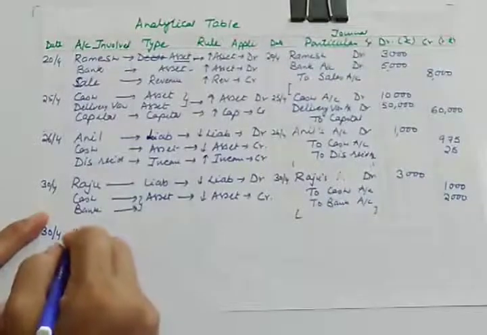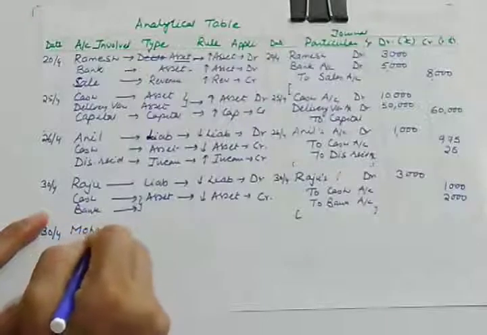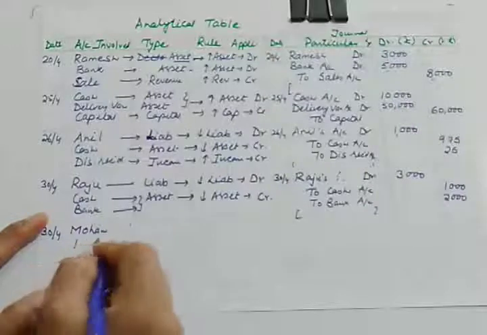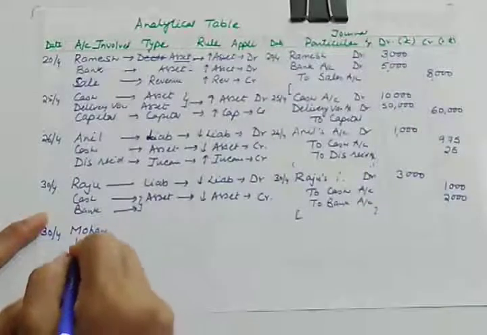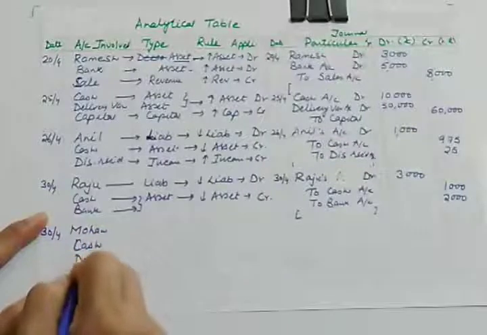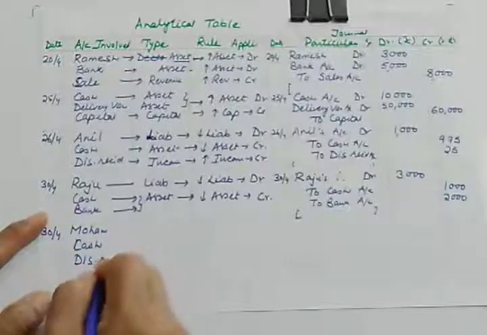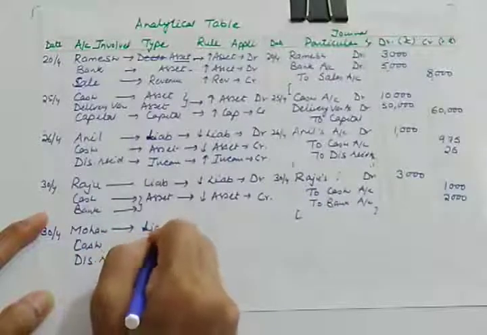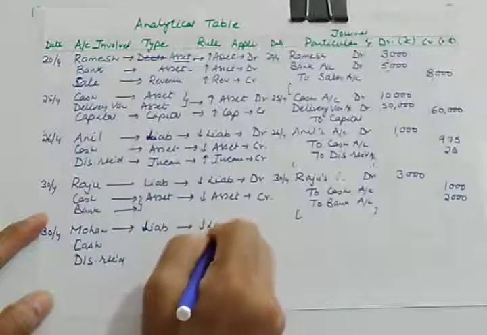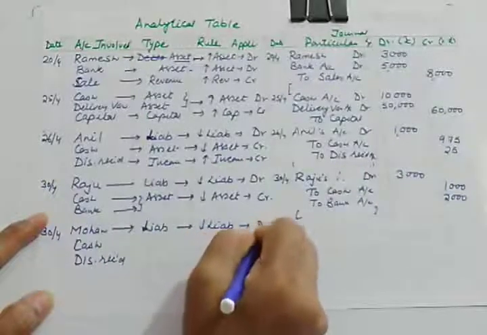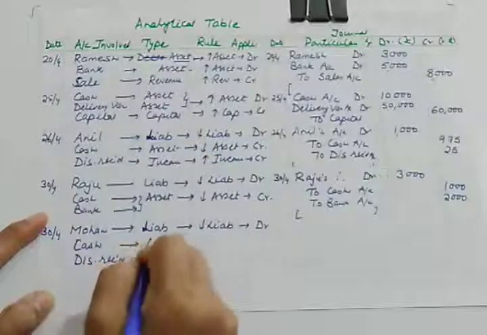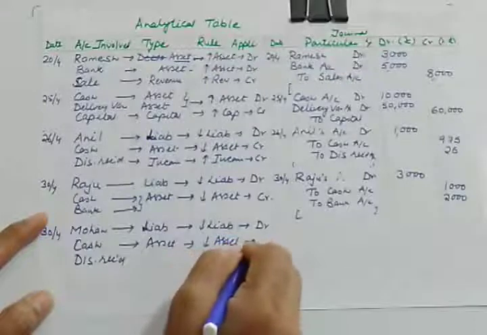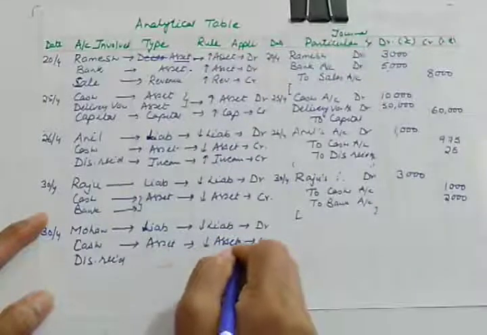So when you make payment to Mohan, three accounts are involved, Mohan, and we are making payment.